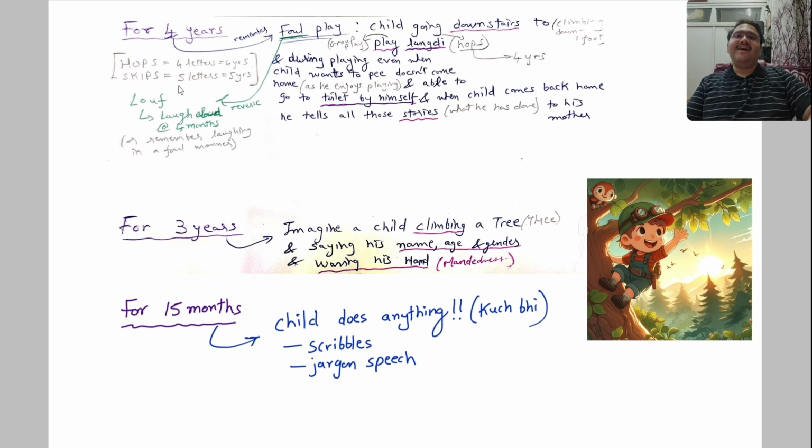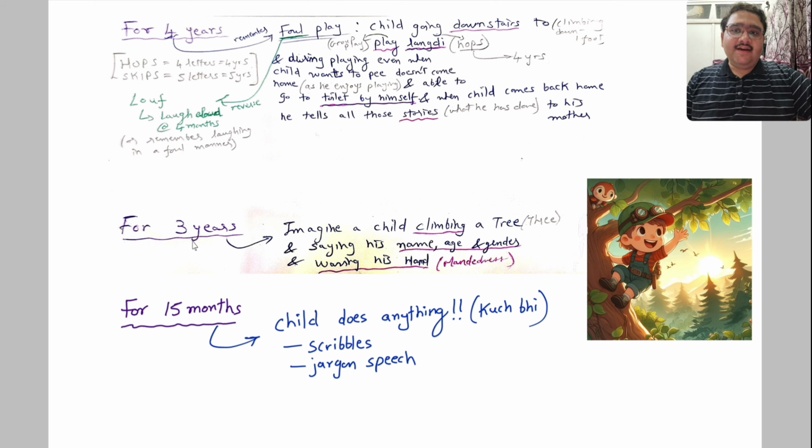Skips is a 5 letter word, so at 5 years. And if you reverse FOUL, it becomes LOUF, so laugh aloud at 4 months. Remember laughing in a foul manner, something like that.